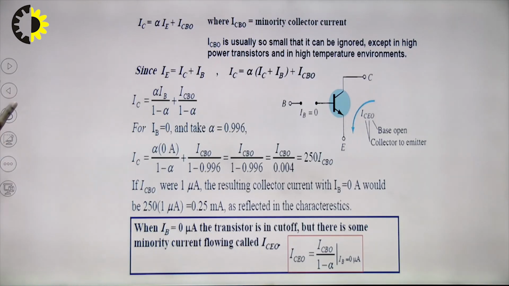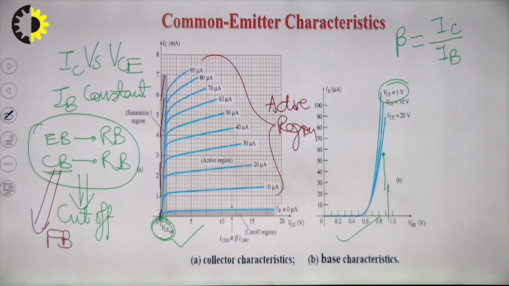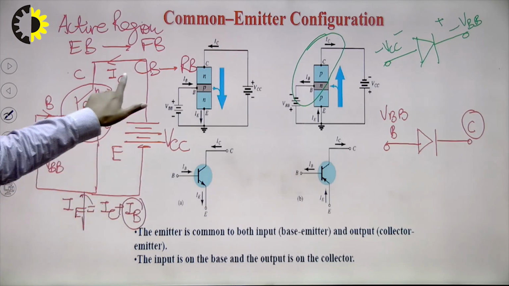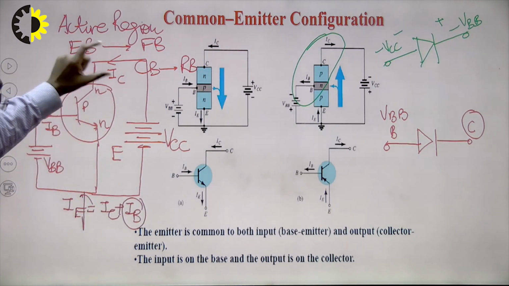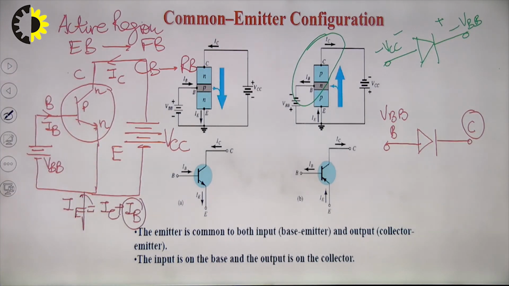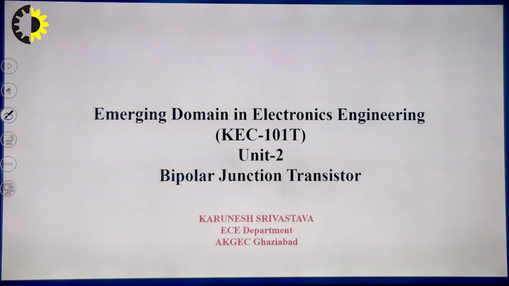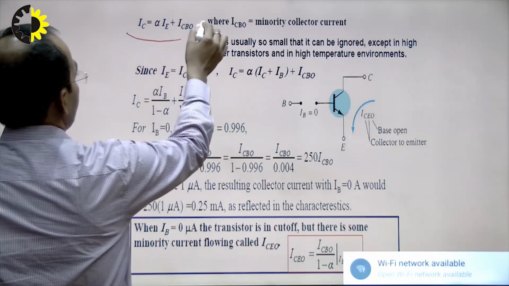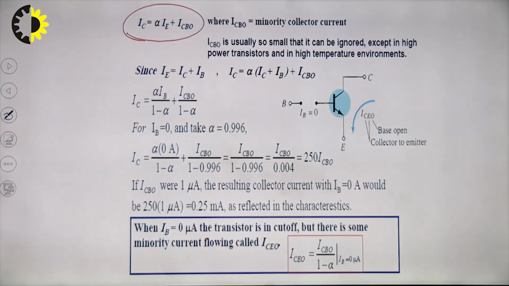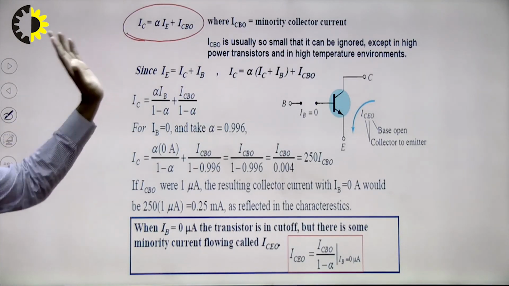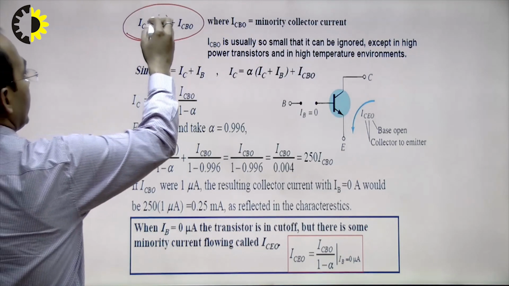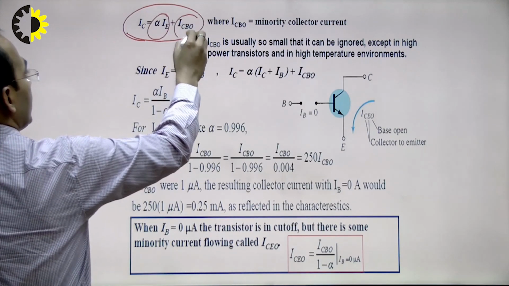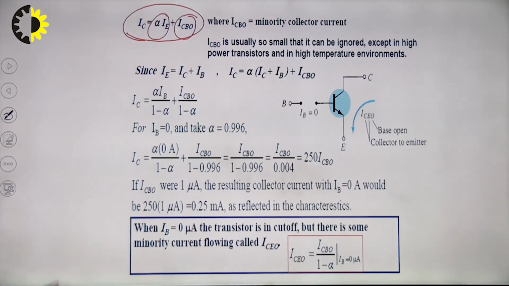So what will be the output current? Output current is IC. In the common base configuration I have written that IC is equal to alpha IE plus ICBO, where alpha IE is the majority carrier current and ICBO is the minority carrier current.